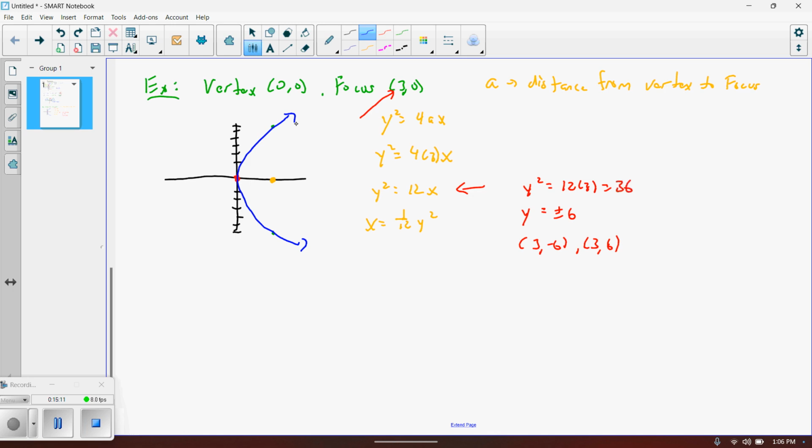Okay, and then the one thing that we didn't talk about is the directrix. The directrix should be exactly the same distance away from the vertex as the focus is. So the directrix should be back here, 3 units back, 1, 2, 3 units back. And again, I just approximated. But the directrix should then be an equation because it's a line.